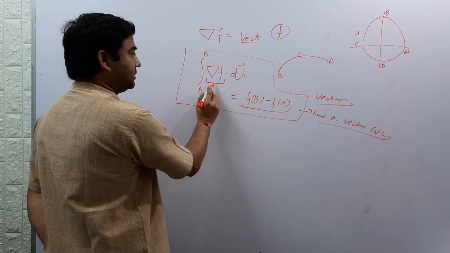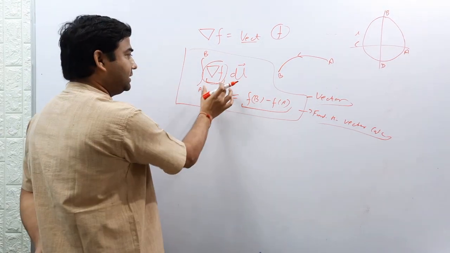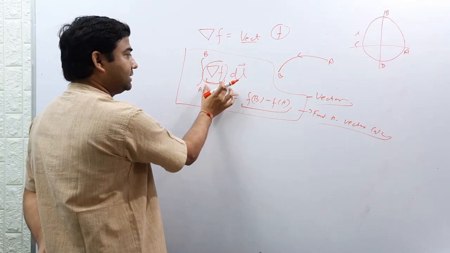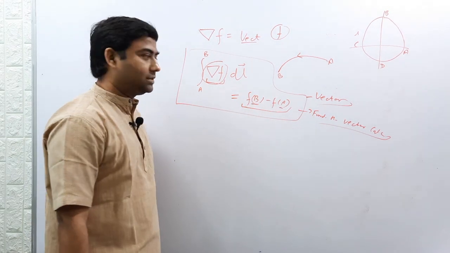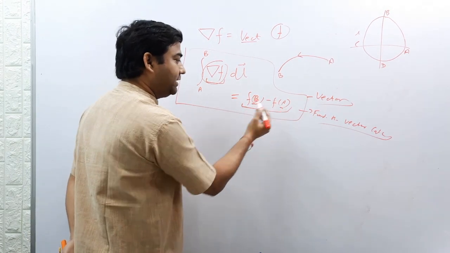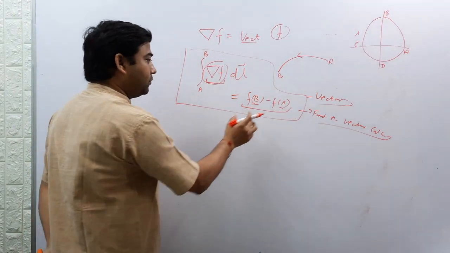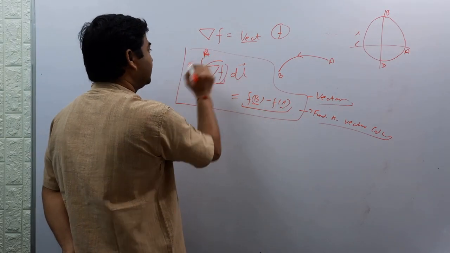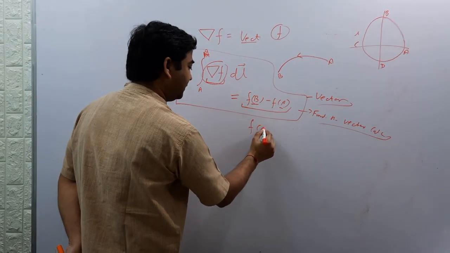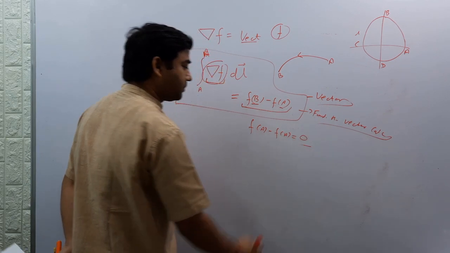Line integration of a gradient is a property of endpoints only. It doesn't depend on the path. For a closed loop, A to A, this will be f(a) minus f(a) equal to 0.